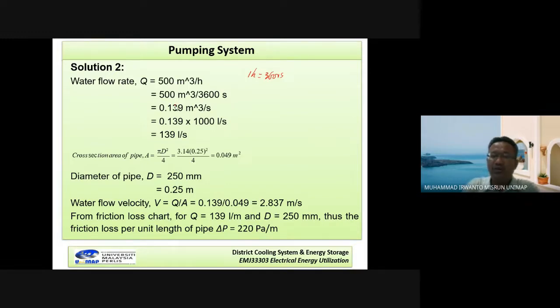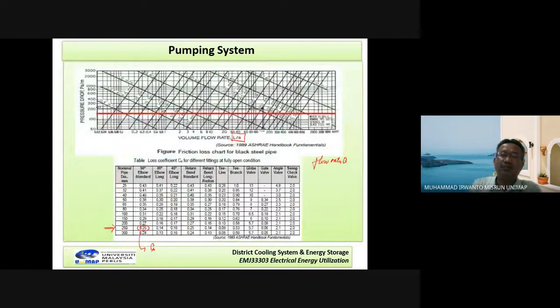And then because we want to use this chart, whose horizontal axis has the unit liter per second, the meter cubic per second should be converted to liter per second. Remember, 1 meter cubic is equal to 1,000 liter. Meaning, let's say at home there is a water tank with a volume of 1 meter cubic, and we have a scoop of 1 liter size. If you put in 1,000 of them, it will fill 1 meter cubic.